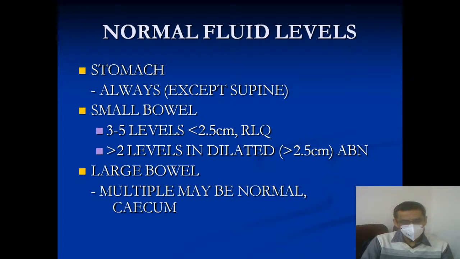Similarly, in the gallbladder, bile is fluid, but it will not have a horizontal upper level. But in the bowel, since there is air also besides the fluid, it will often, not always, have a horizontal soft tissue level if both air and fluid are present in that one particular segment of the bowel loop. So that's how we see the fluid levels, and I'll show you.